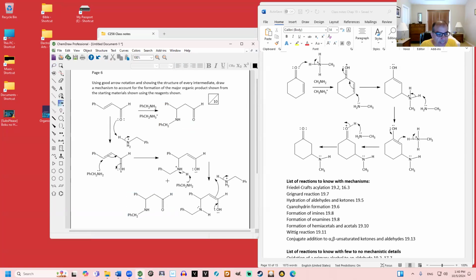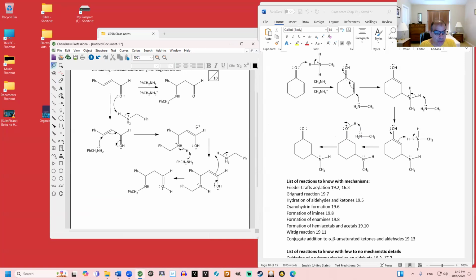That gives us, in fact, almost the exact same structure as our product, except there's a proton on the oxygen. That structure corresponds to this one, where you've got an extra proton on the oxygen and a plus charge.